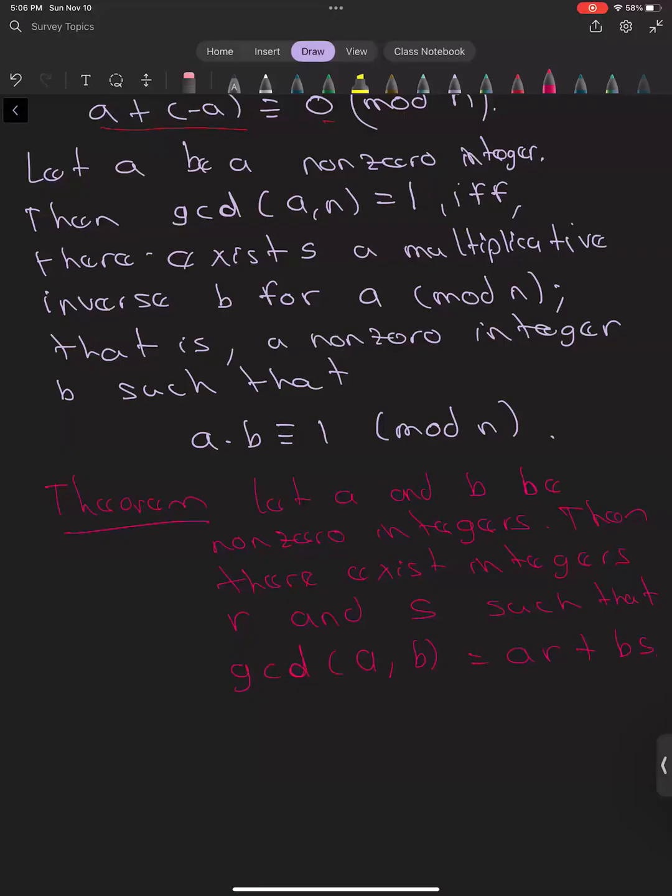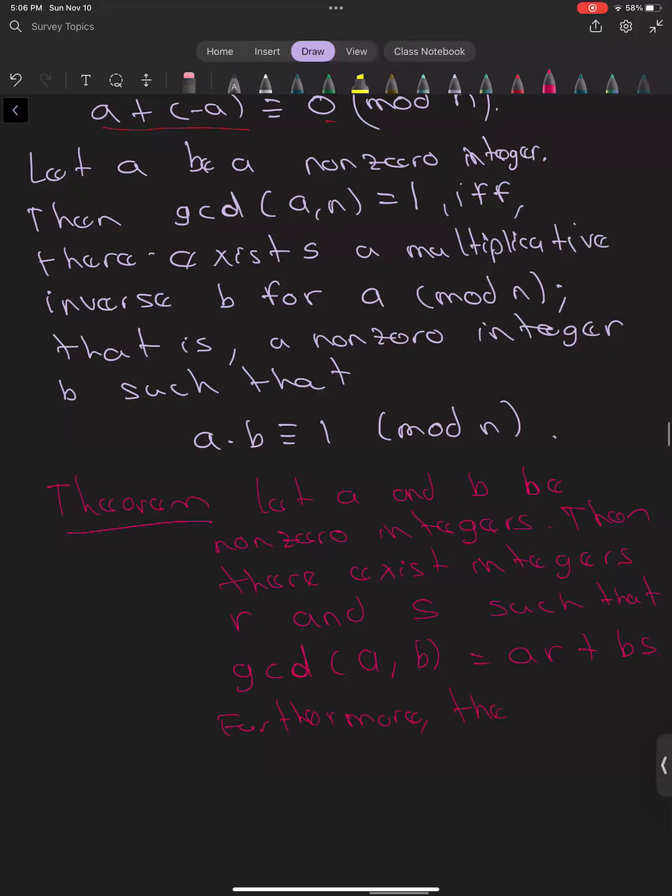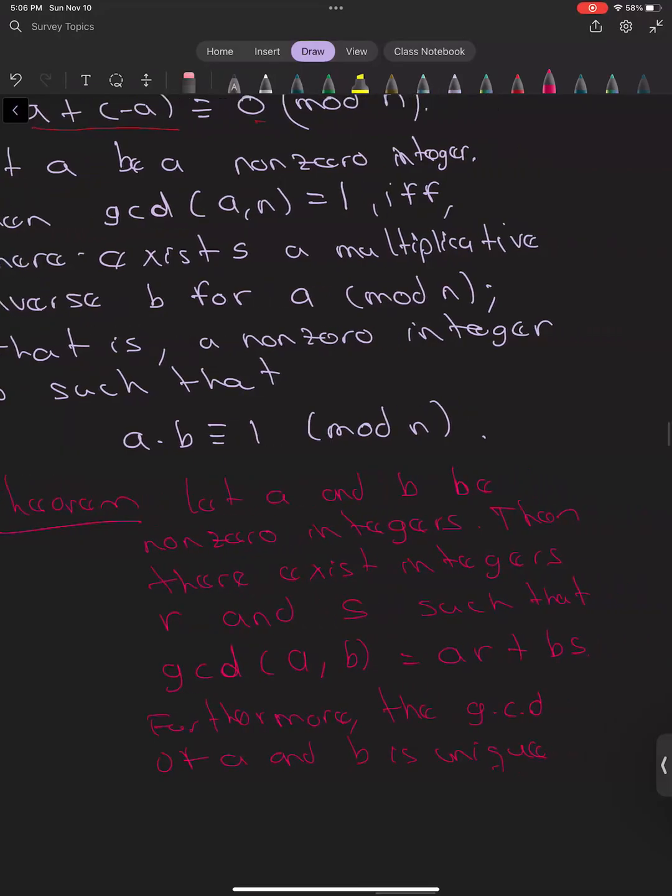Yes, and furthermore, the greatest common divisor of a and b is unique. I think with that we have enough, right?